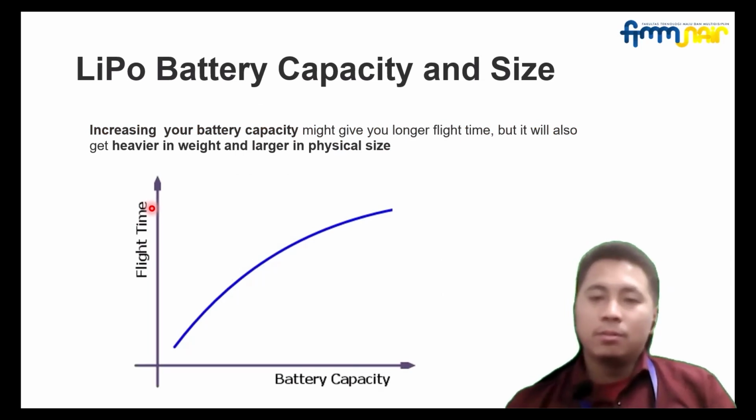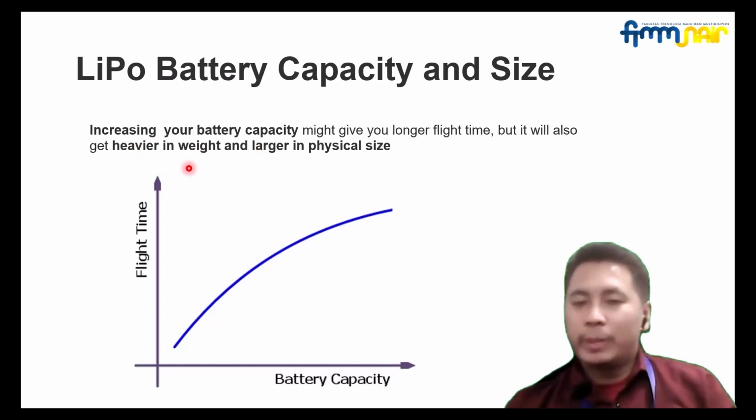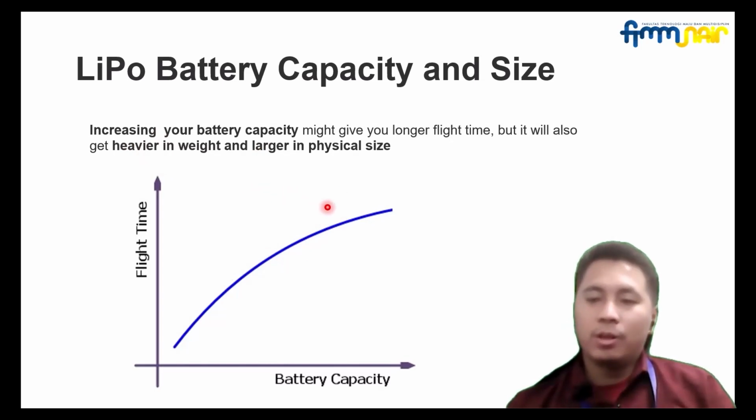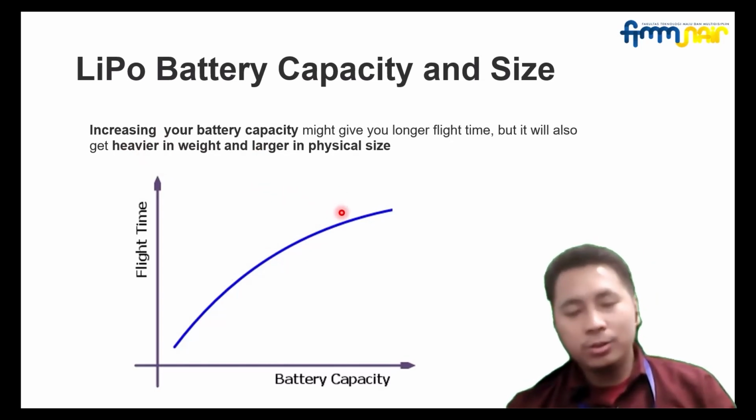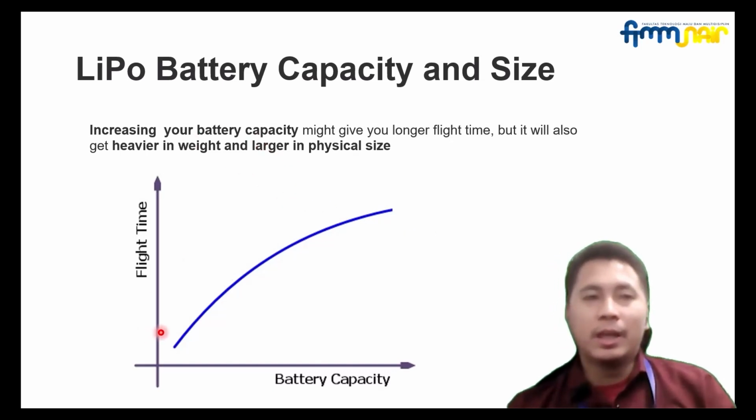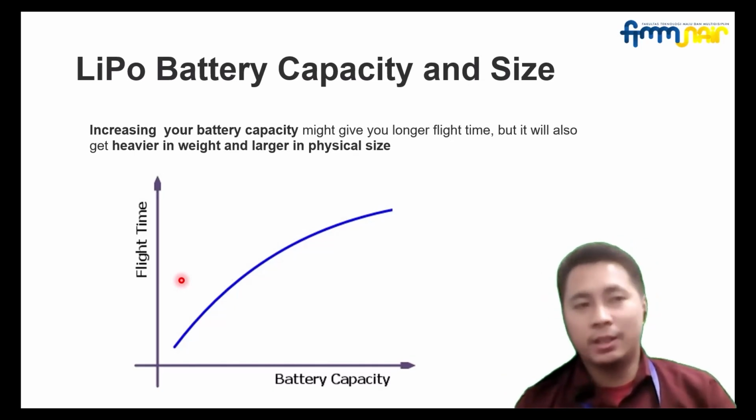Still on the LiPo battery, increasing your battery capacity might give you a longer flight time, but it will also get heavier in weight and larger in physical size. As the battery gets larger, the increase in flight time becomes ineffective.